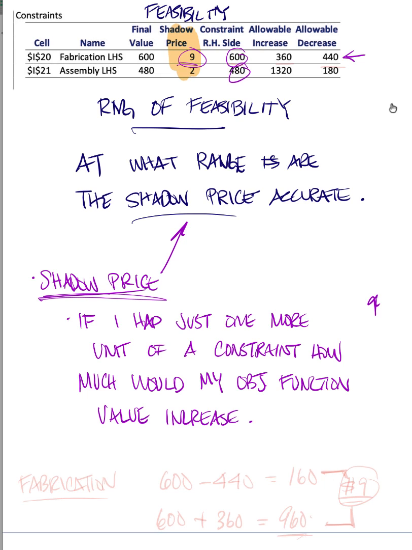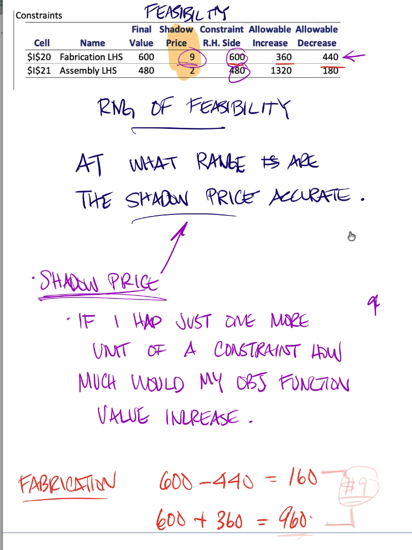Just taking this first one for an example, I have 600 hours available for the fabrications. I can decrease by 440, to 160, and I can increase by 360, to 960.